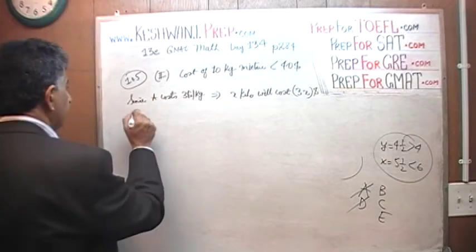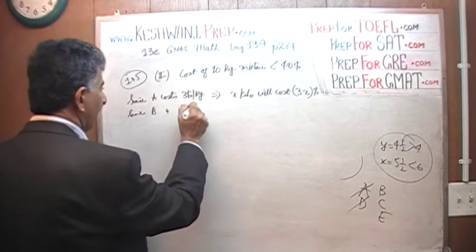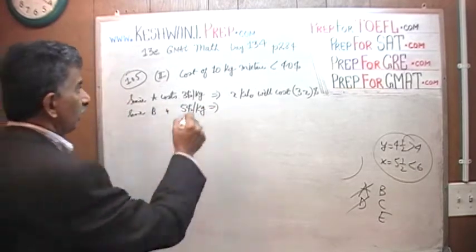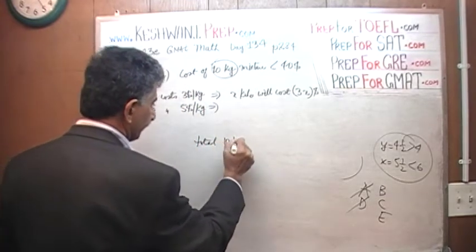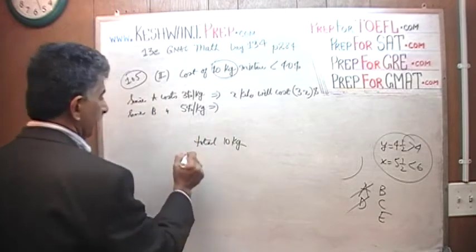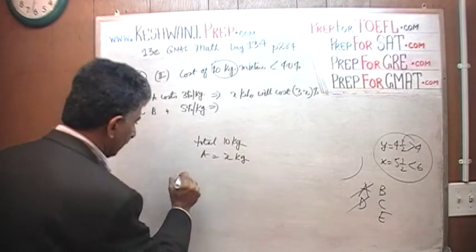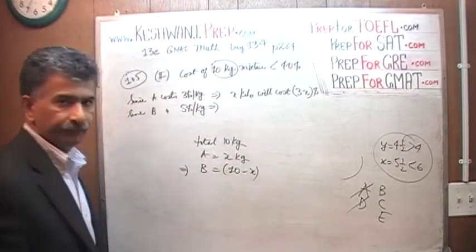Similarly, since B costs $5 per kilo, and the total is 10 kilos, if A is x kilos, that implies that B must be whatever is left, 10 minus x kilos.